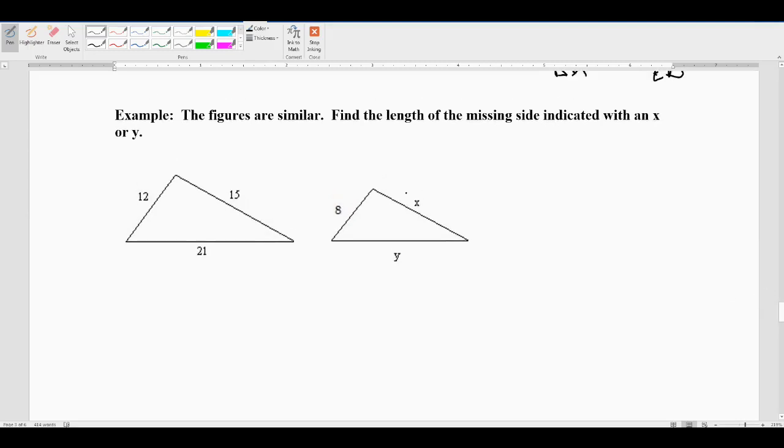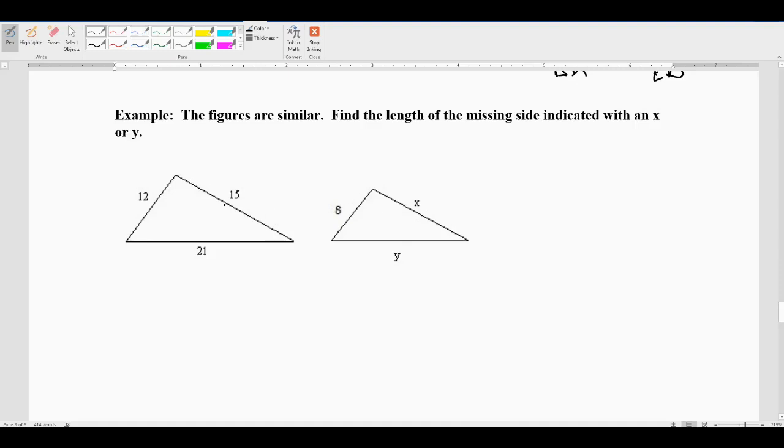You're told these two figures are similar, so we need to find the missing sides. What that means is this side that has the angle that has 12 and 8, these sides correspond, and then these sides 21 and Y correspond, and 15 and X correspond.